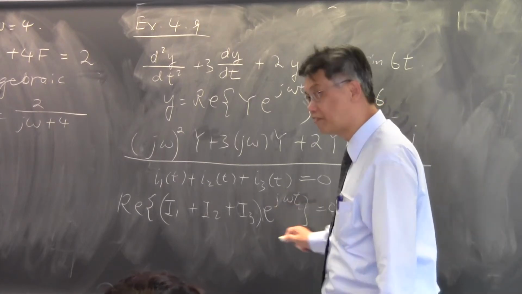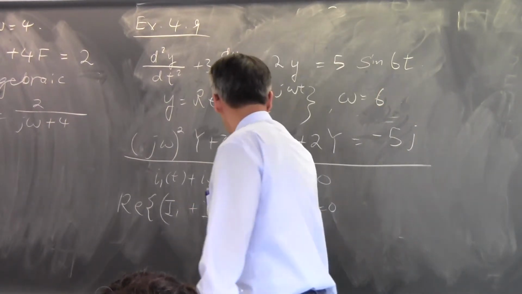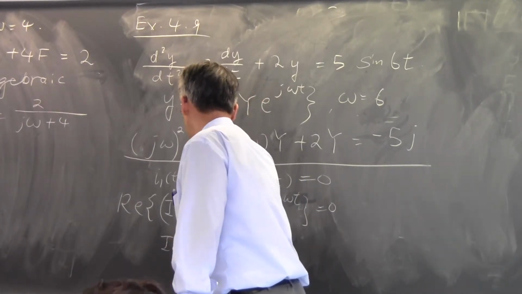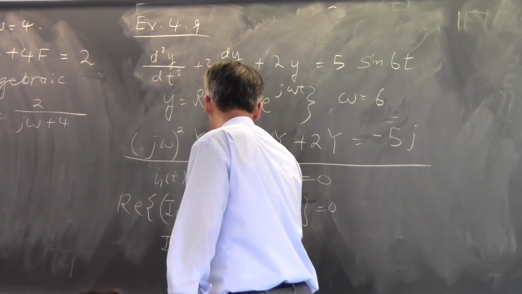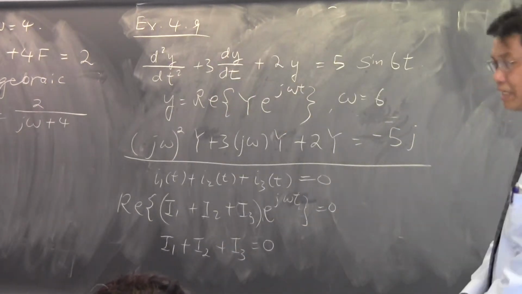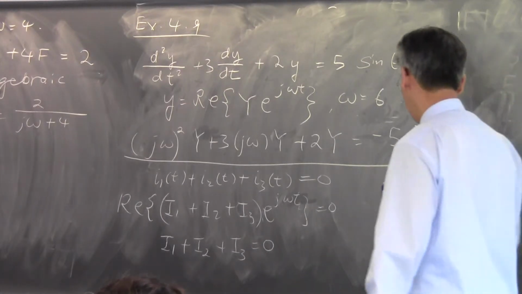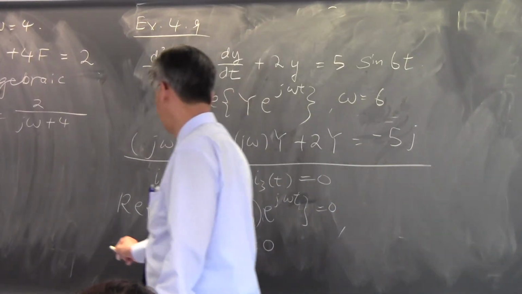And this thing is going round and round in the complex plane for all t. So I can remove this and say that if this has to be 0, I must have I1 plus I2 plus I3 is equal to 0. So Kirchhoff current law becomes like that. You just add the phasors together. And similarly, this is KCL.